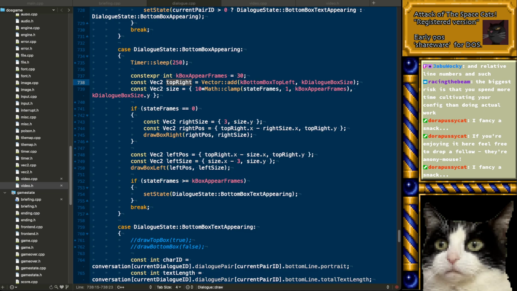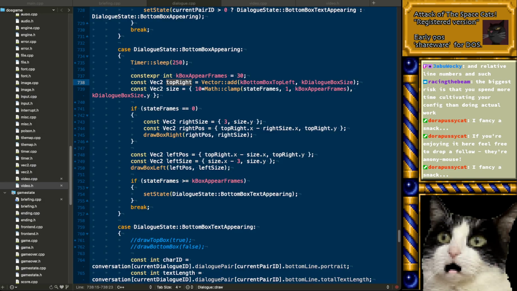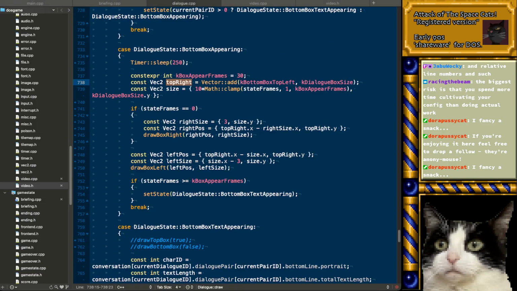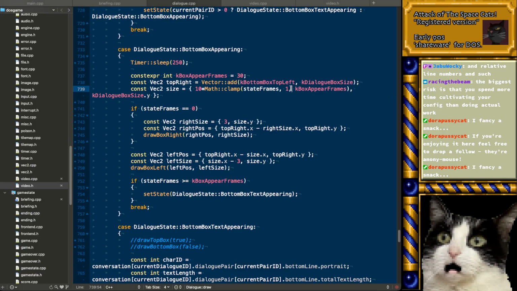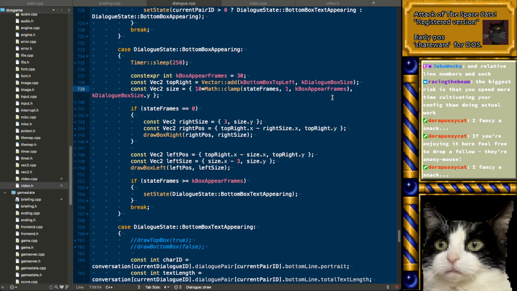Top right X. Top right Y. I do not understand how that ever... Oh my word. Right, I see. We used to subtract the size from that after we... okay, fine. Somewhat grisly code.